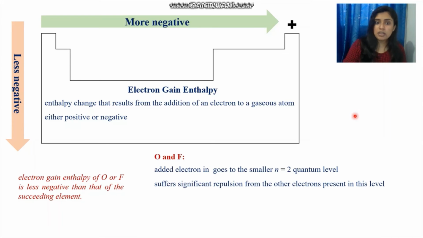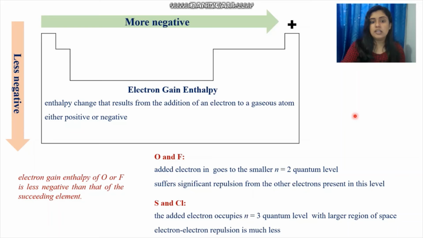Why does that happen? In oxygen and fluorine, the added electron is going to the n equal to 2 quantum level, right? The n equal to 2 quantum level is smaller in size, so the repulsion between the other electrons within the level would be higher.